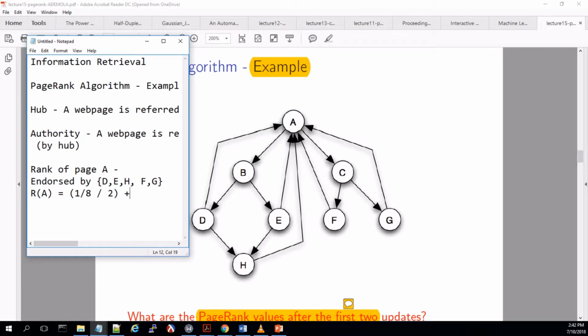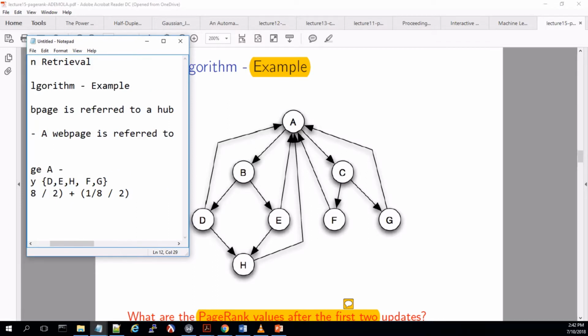So we sum, we go to that of E. What is the rank of E? The rank of E is 1/8 divided by, what is the out degree of E? You see that E is distributing its weight on H and A, so it has 2 arrows, so that is 2.